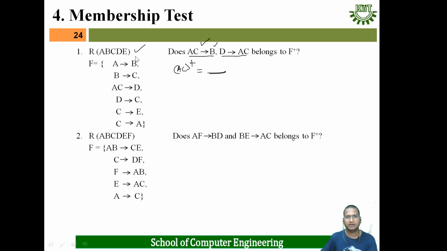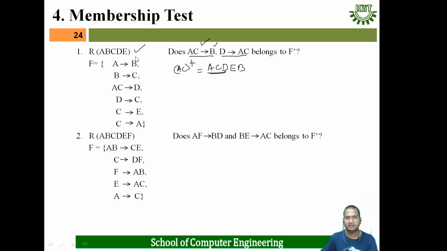Then we have to find out AC closure. Using this, AC closure means it derives AC. Then from AC, D can be derived. Then from D, C can be derived. C is already present. From C, E can be derived. Then from A, B can be derived. Then from B, C can be derived.